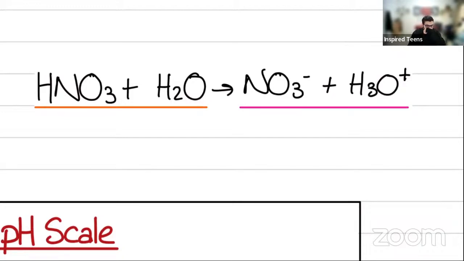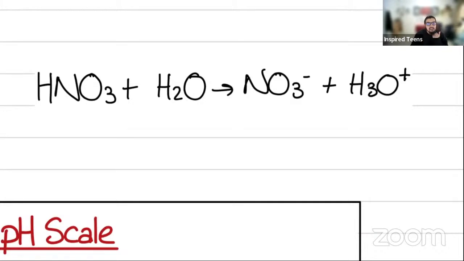Let us observe what happened to each reactant and what it became on the right-hand side. HNO3 becomes NO3 minus, while H2O becomes H3O plus. Interesting. So HNO3 loses its hydrogen and H2O gains a hydrogen.